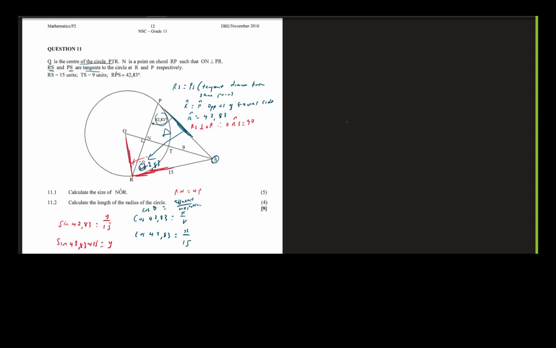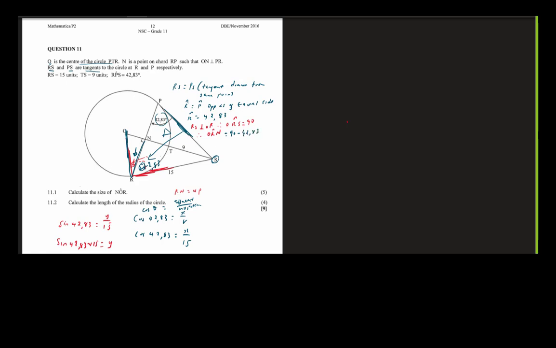When we are looking for this smaller part, we say this smaller angle is angle ORN. We are looking at this small angle here. So whatever this small angle is, it is 90 minus 42,83.